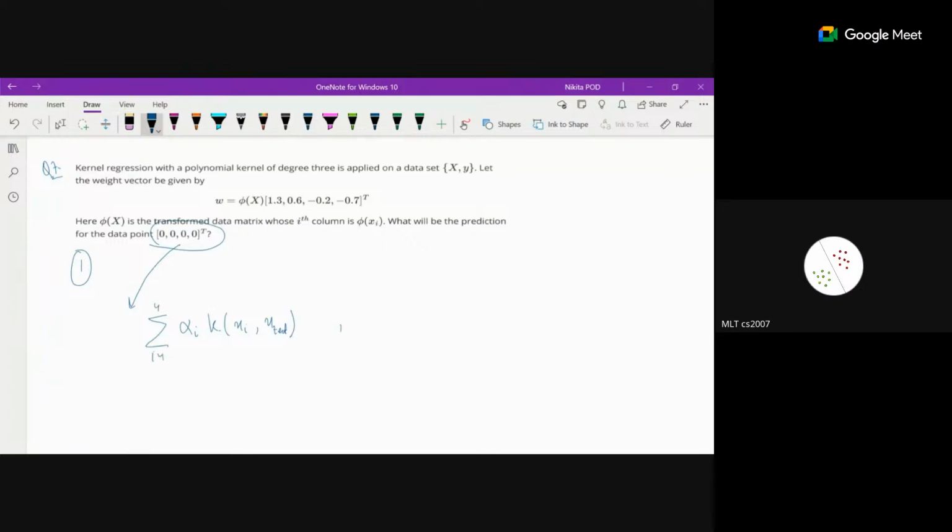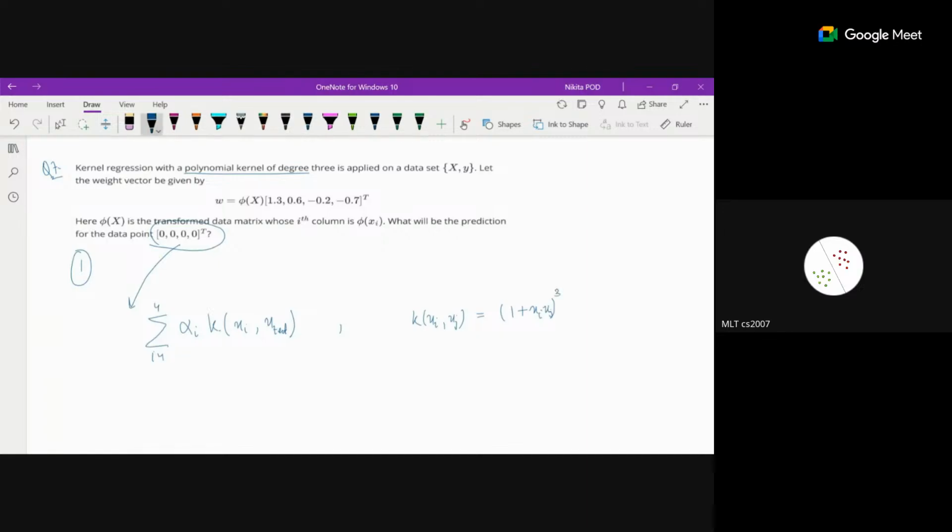Now here you have a polynomial kernel of degree 3. So basically you have defined k of xi, xj to be (1 plus xi transpose xj) to the power 3, right?